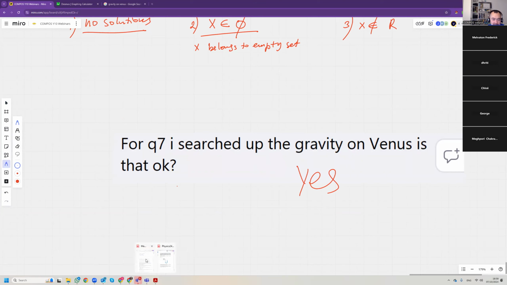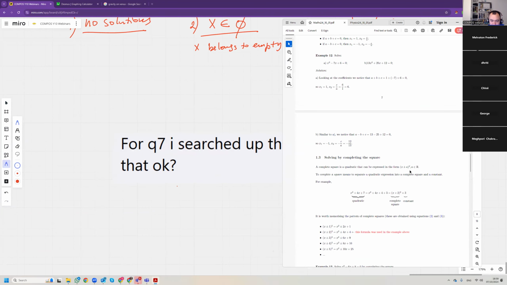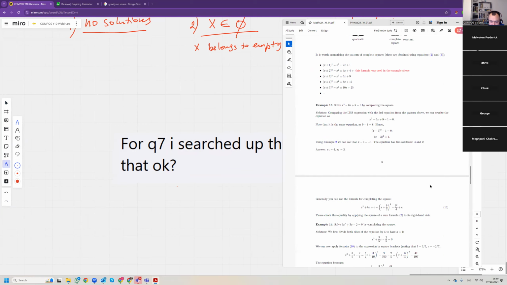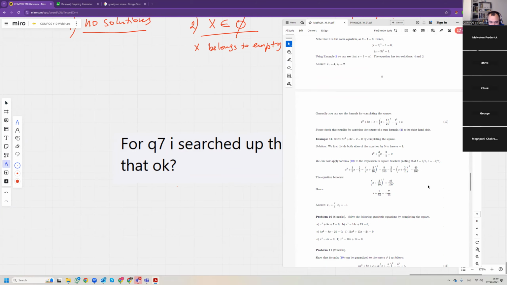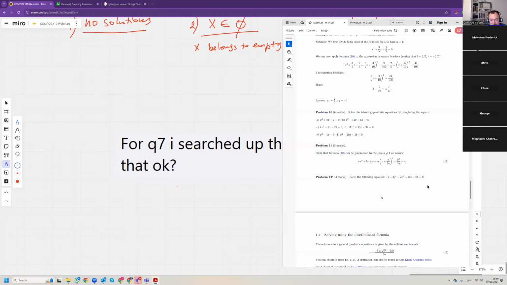If it doesn't specify, then no. Well, of course, we want you to do it by completing the square, but how else would you do it? Yeah, you don't have to use completing the square, sorry. That's fine.